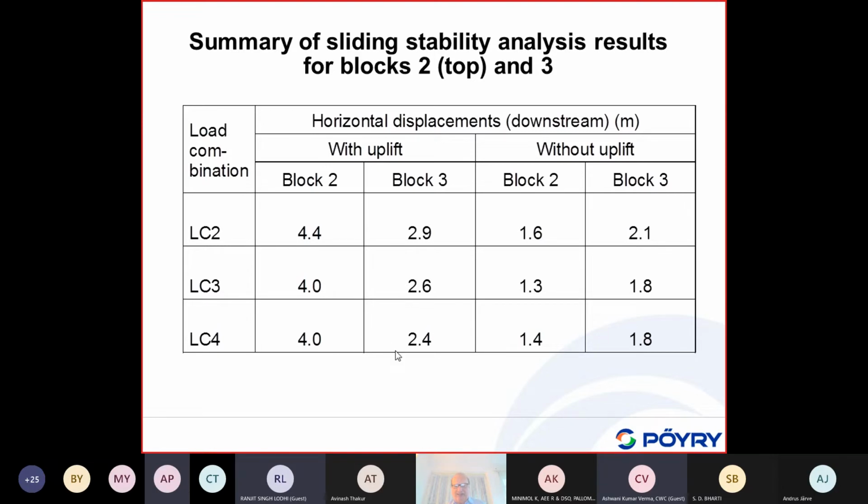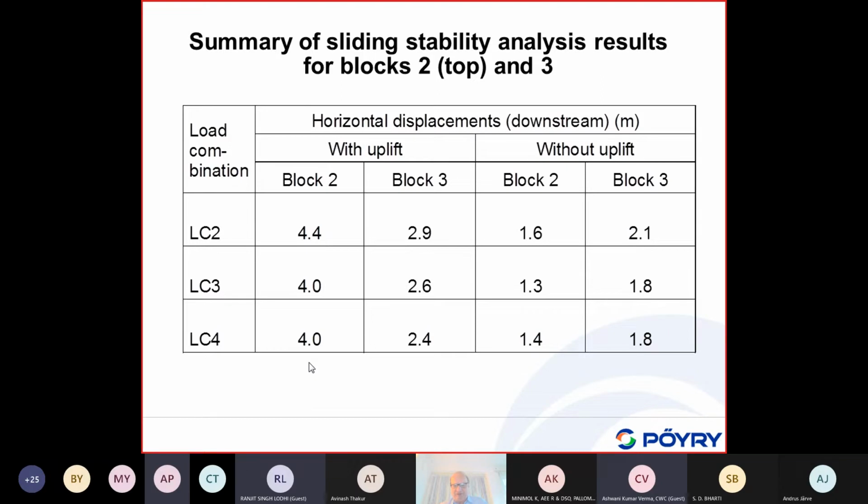So the critical block for, let me say, dry joint will be the top block. But if we consider the uplift, basically block 2 will become a more critical one. And we have seen already for the foundation, for the global system, we got about 1 meter, taking into account the uplift pressures.